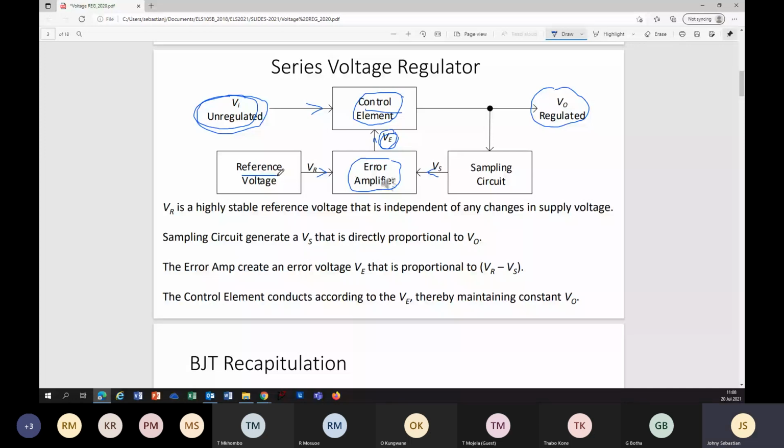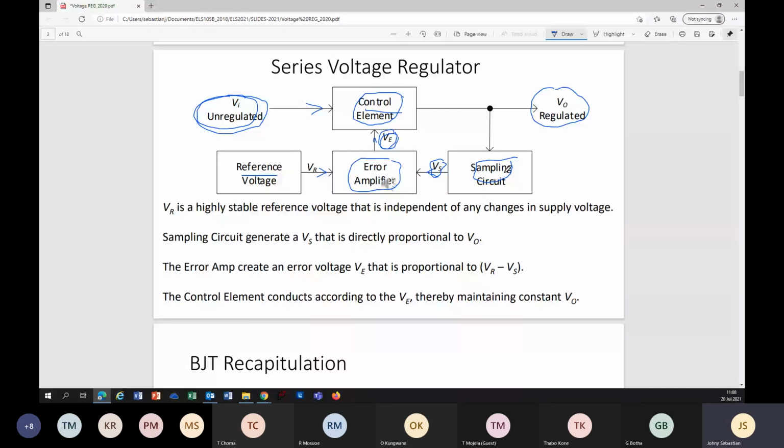Okay, it's like a highly stable reference voltage. Now, we have a voltage called the sampling voltage. The sampling voltage is coming from a sampling circuit. A sampling circuit is basically a voltage divider. We know when you connect two resistors in series to a battery, you get voltage division. So a sampling circuit is usually a voltage divider.